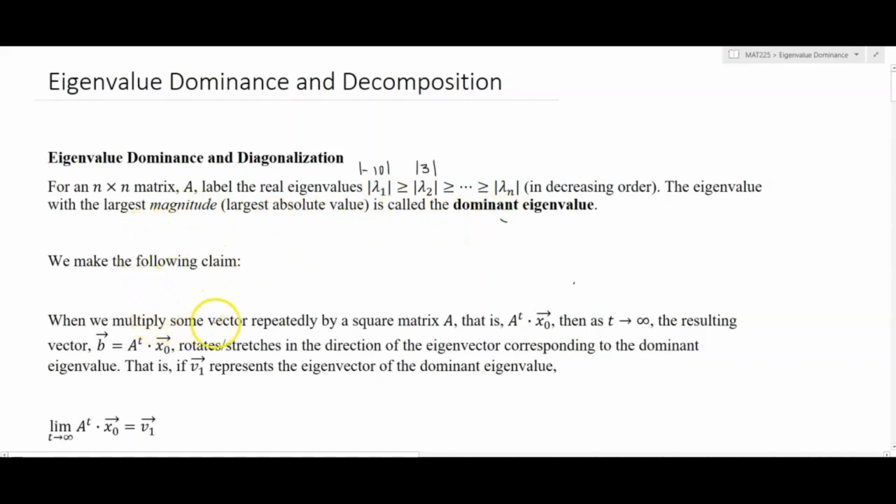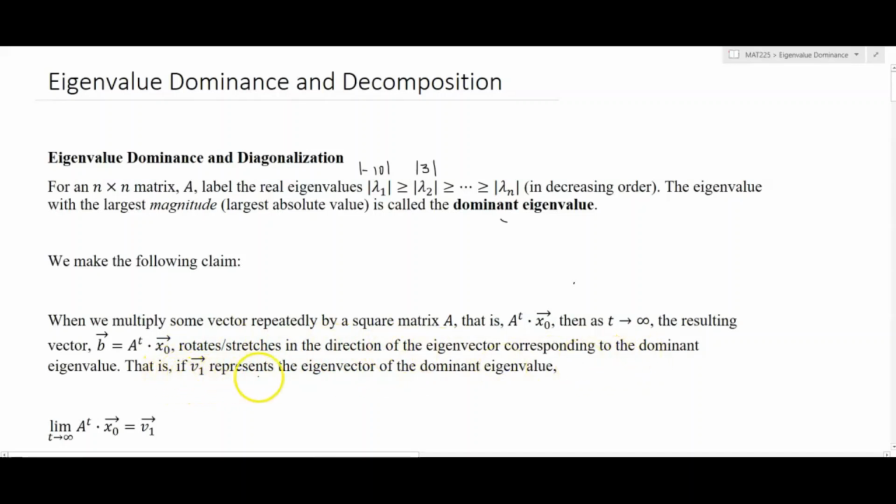When we multiply some vector repeatedly by a square matrix A, that is A to the t power times x naught, then as t approaches infinity, that is as we make that power really, really large, the resulting vector, which we'll call b for the moment, b equals A to the t times x naught, rotates and stretches in the direction of the eigenvector corresponding to the dominant eigenvalue.